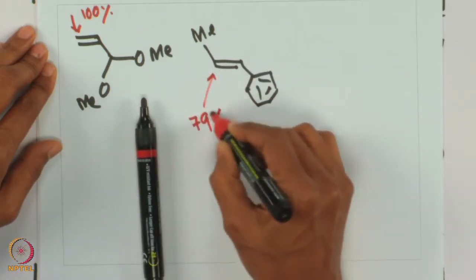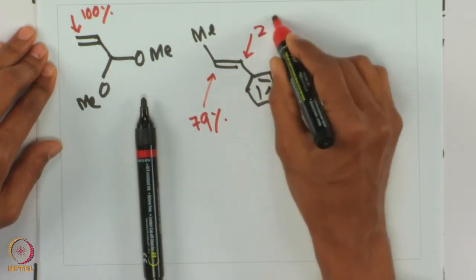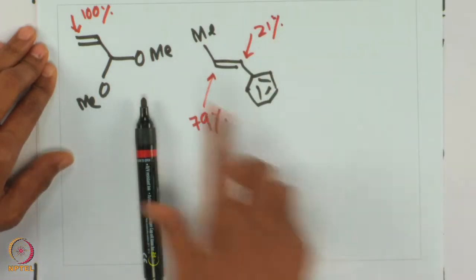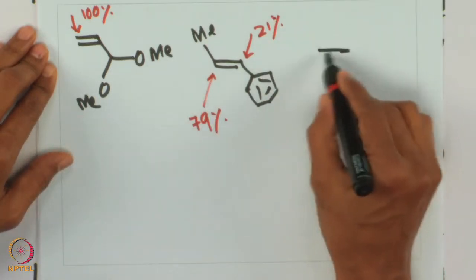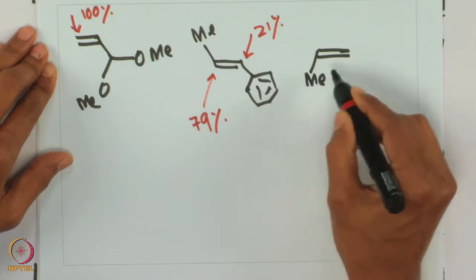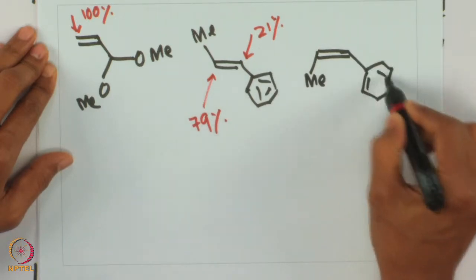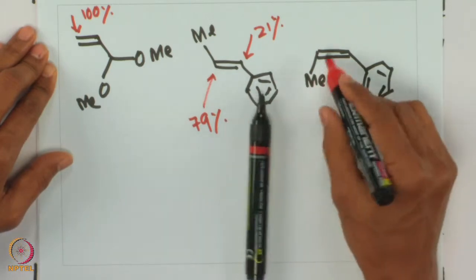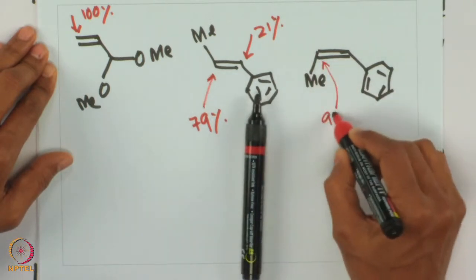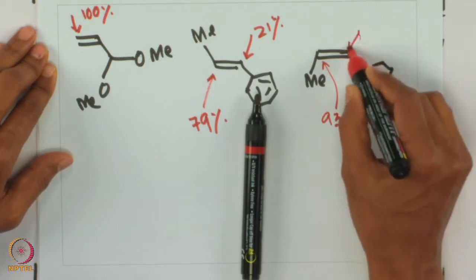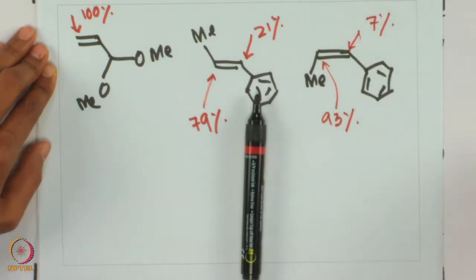This is interesting now, and we get 21% selectivity for this one. If you have the cis one, then we have a little bit different selectivity: over here we have 93% selectivity, and over here we have 7%.